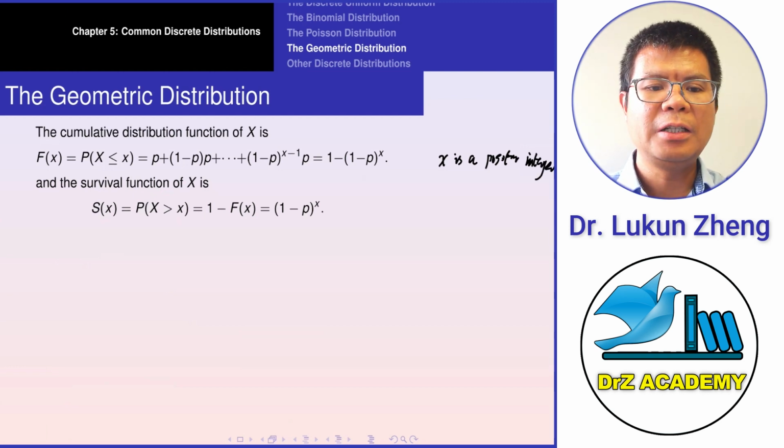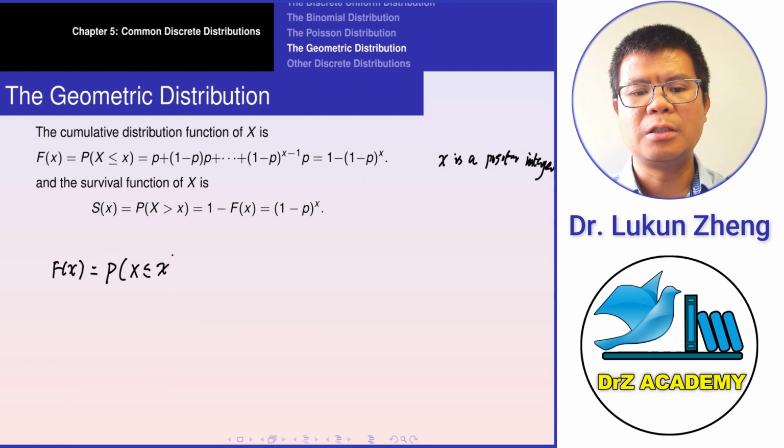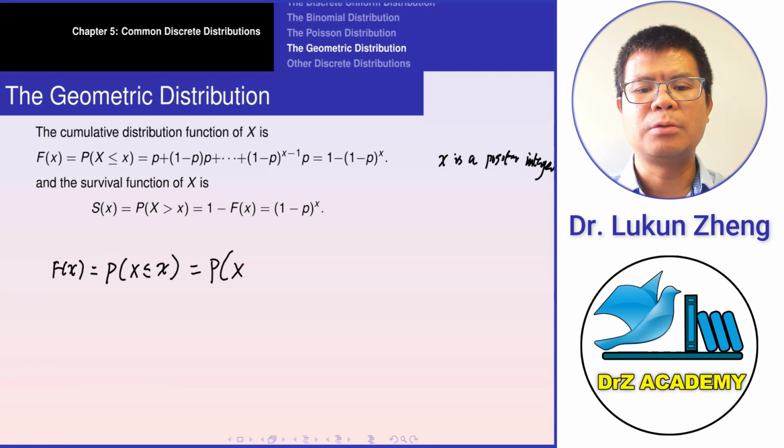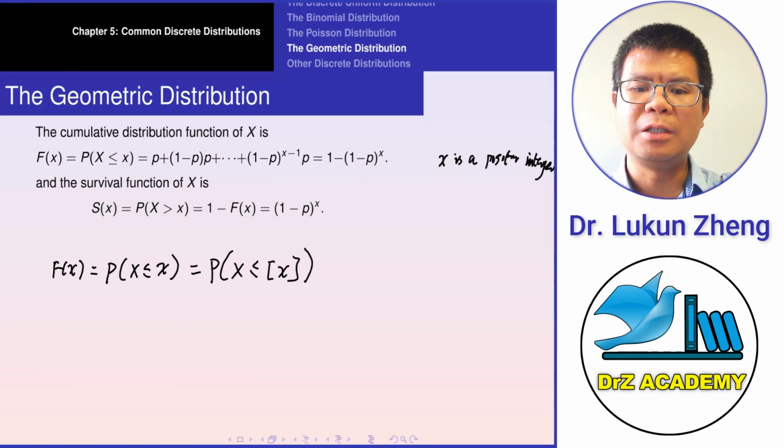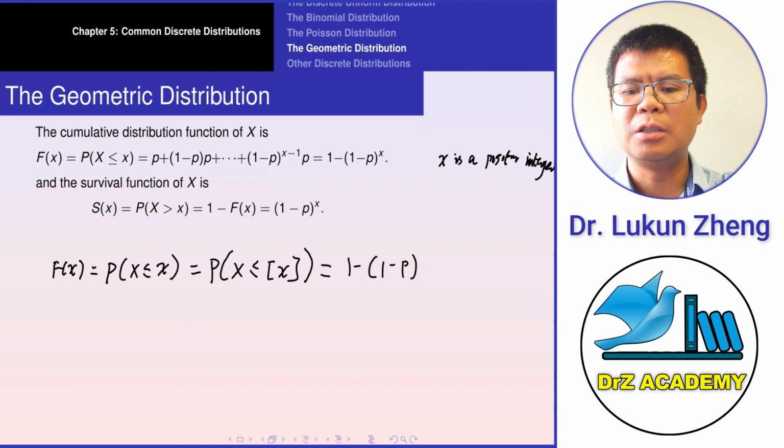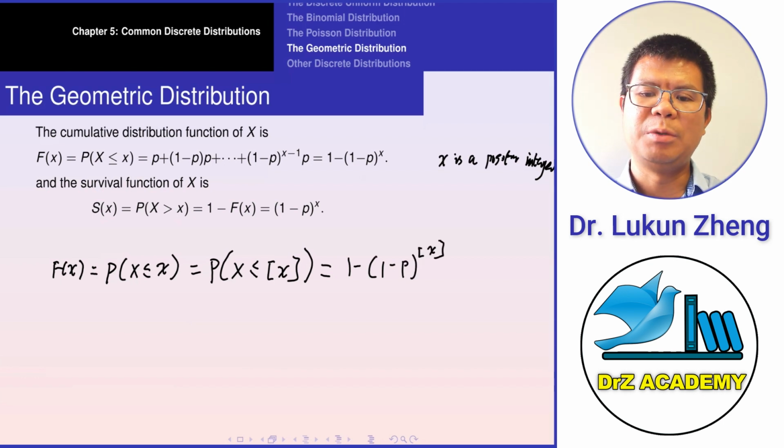Now if x is not an integer, then F of x is the probability that X is less than or equal to x, which equals the probability that X is less than or equal to the integer part of x. So it's better to write it as 1 minus (1 minus P) to the integer part of x. This will be defined for all x in R.